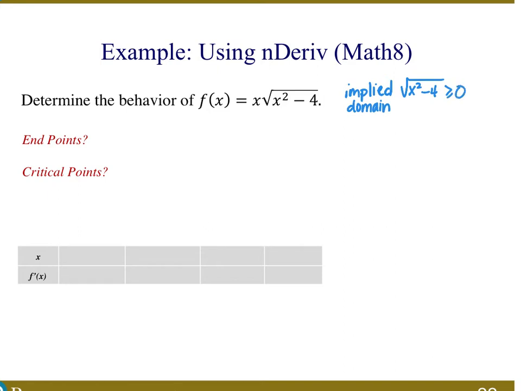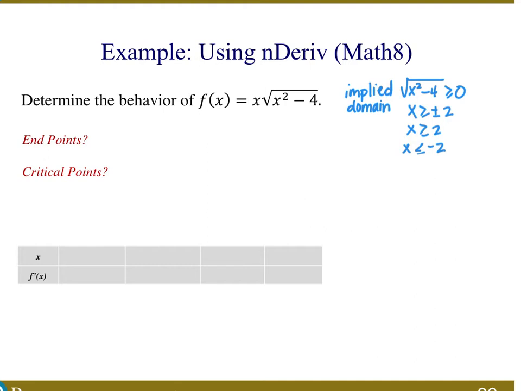And when I do the math on both sides for that, it turns out that x has to be greater than or equal to 2 or less than or equal to negative 2; with the negative one, the sign turns around. So those are my endpoints. I have plus or minus 2.